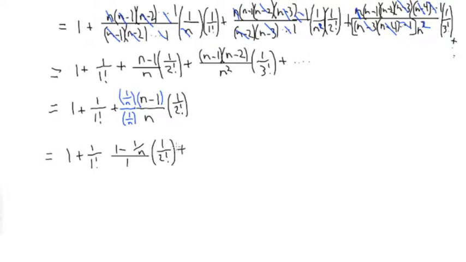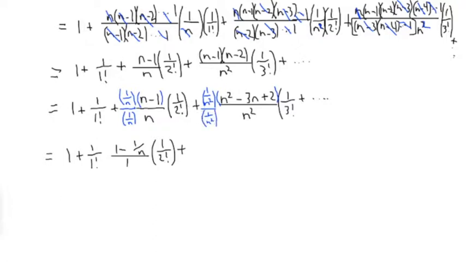Great, now let's look at our last term here that we're dealing with. Now, let's factor this out. So n minus 1 times n minus 2, if we FOIL it out, as we say, it's n squared minus 3n plus 2 all over n squared, 1 over 3 factorial, plus on and on and on. Now, if we multiply the same thing, top and bottom, by 1 over n squared, there we go, 1 over n squared.